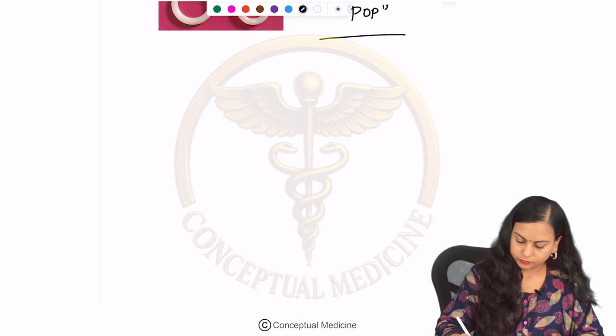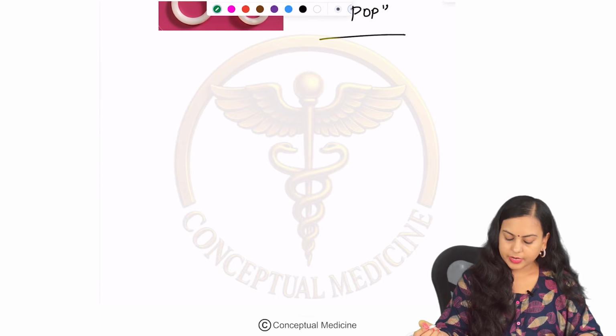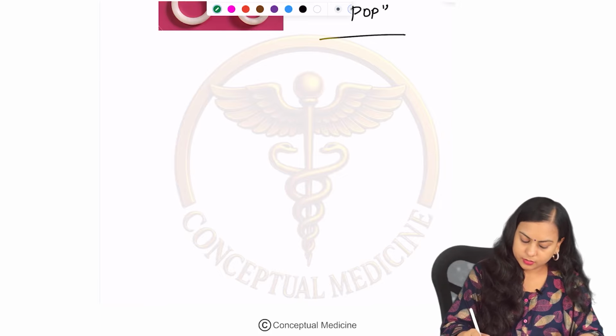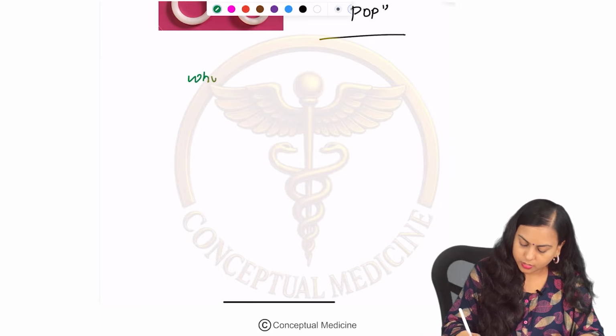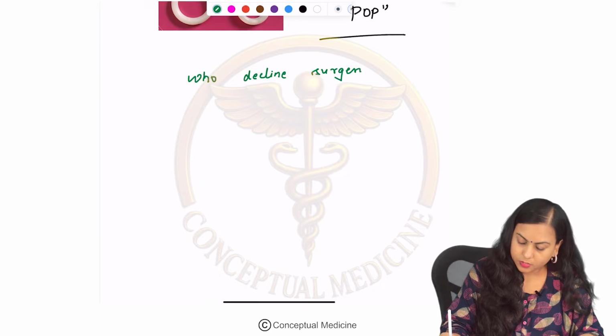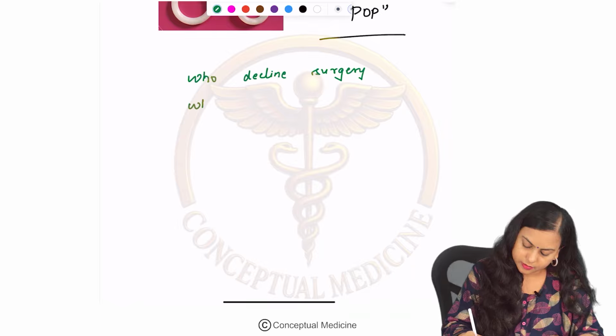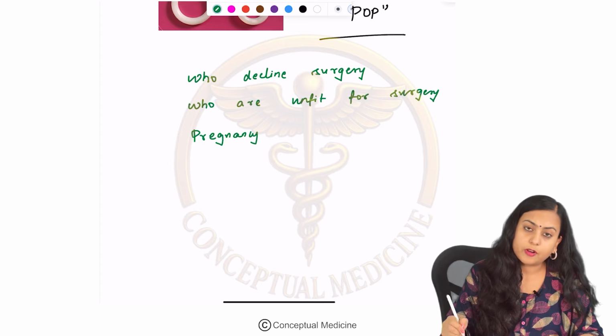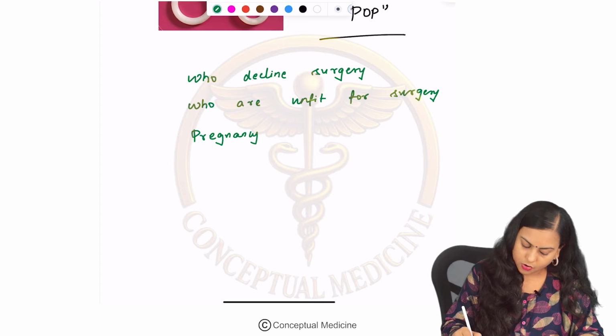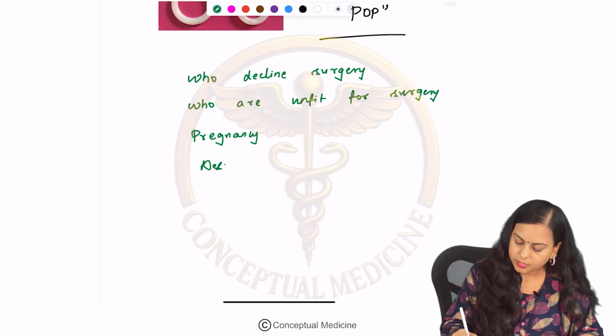So, these ring pessaries are given to people who decline surgery or who are unfit for surgery, or to women who have prolapse during pregnancy, or who desire childbearing.